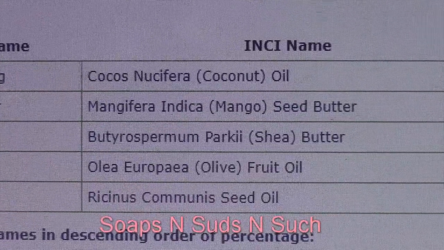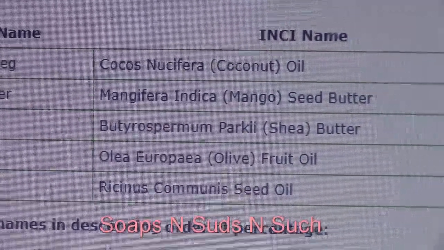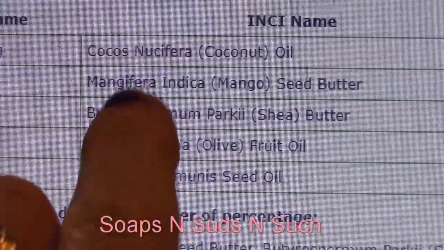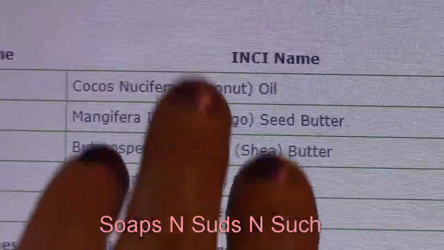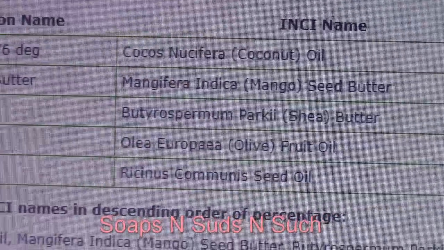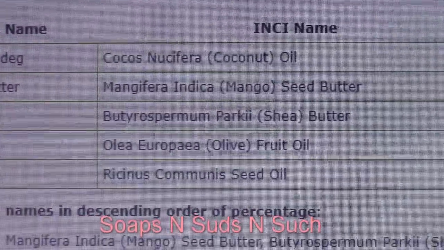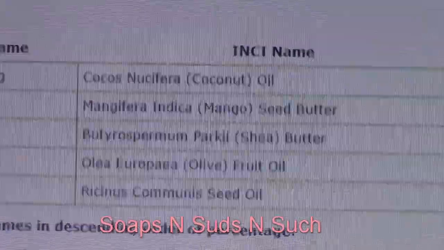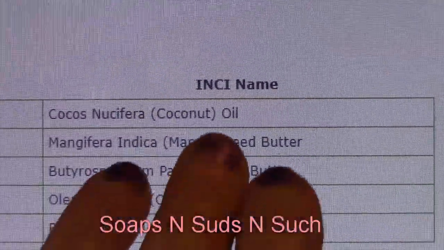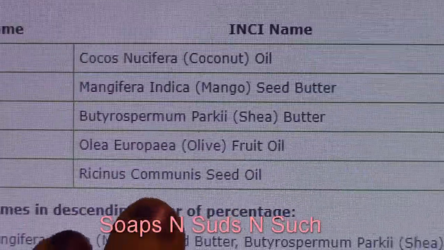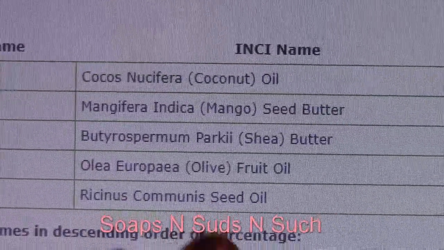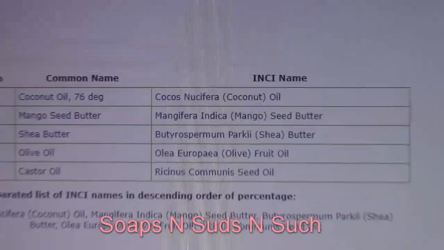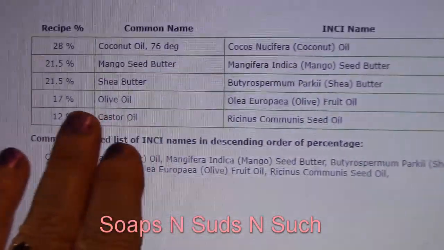That is our INCI names right here. That's for coconut oil, because you're going to want to put this on your label. Or even if you don't sell them and say you give them out for Christmas gifts, I would still do a label and still put this on there. That way everybody knows, they've got both names for it. And that's really neat that SoapCalc is doing that now.